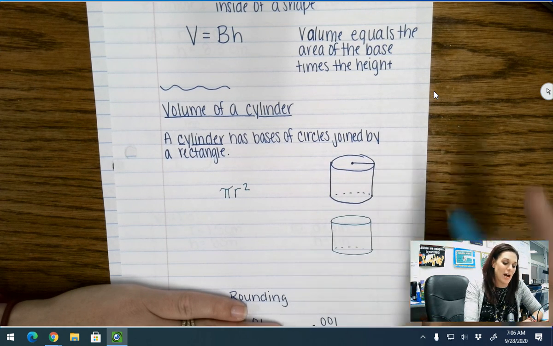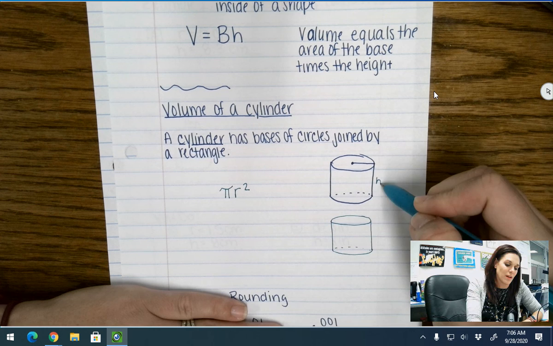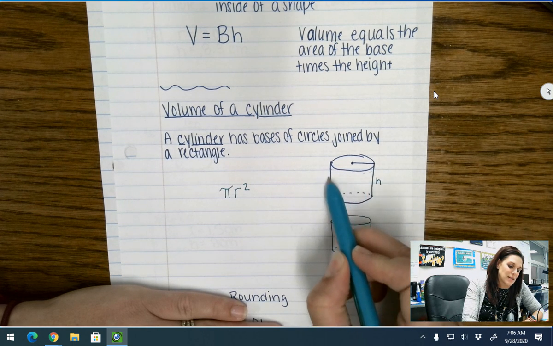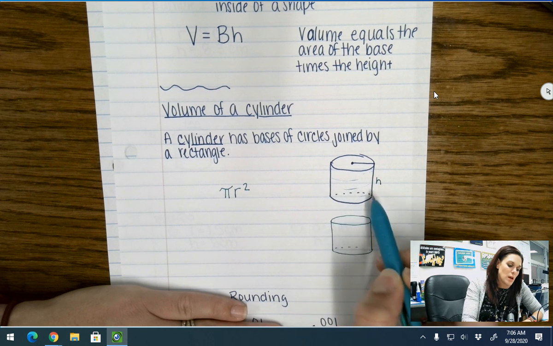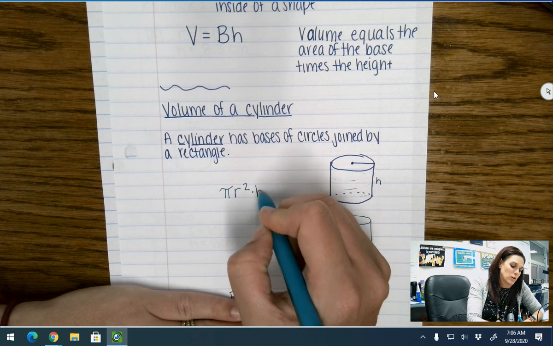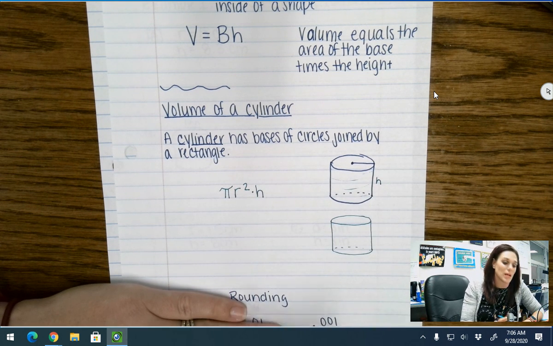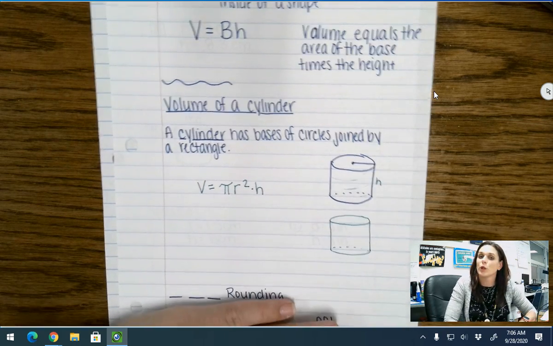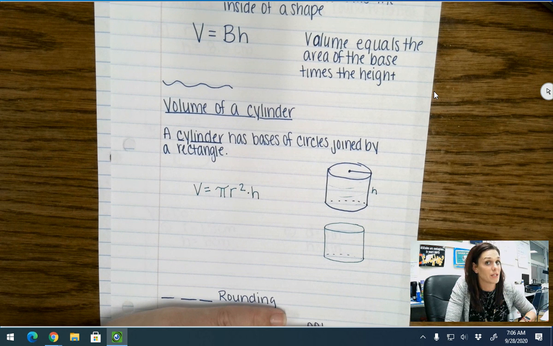From here, I multiply it by the height because I have a bunch of circles stacked on top of each other. That gives me the volume. So volume equals pi radius squared times height.